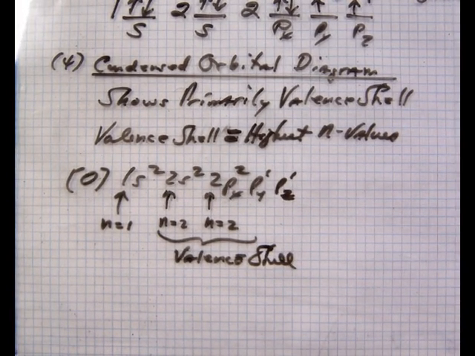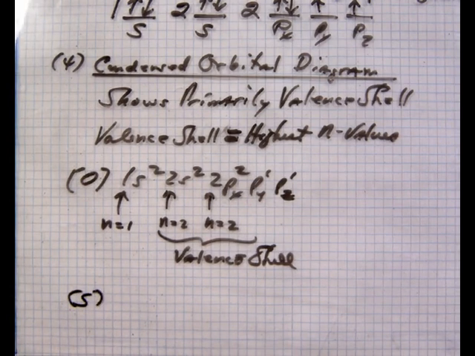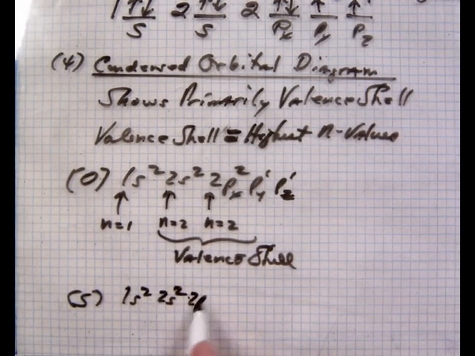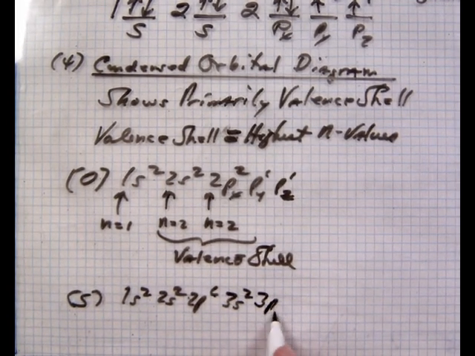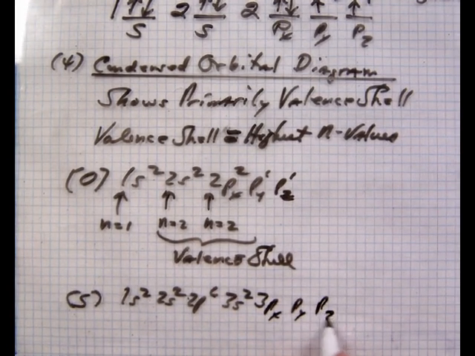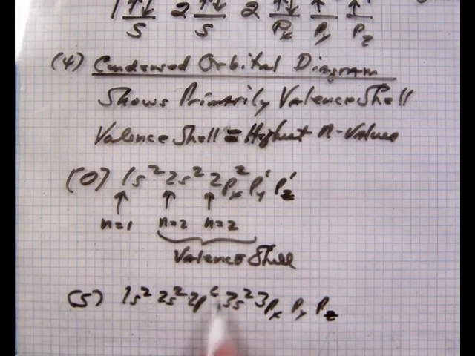If you went over and did, I can do sulfur. It's right under oxygen. So you have 1s2, 2s2, 2p6, 3s2, 3px, py, pz on the valence shell only. I could expand it back here if I wanted to, so that'd be 211.